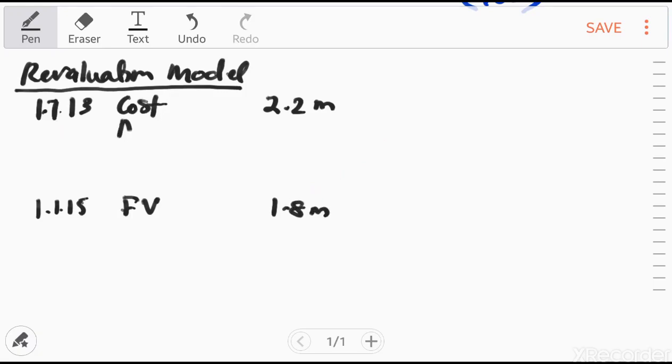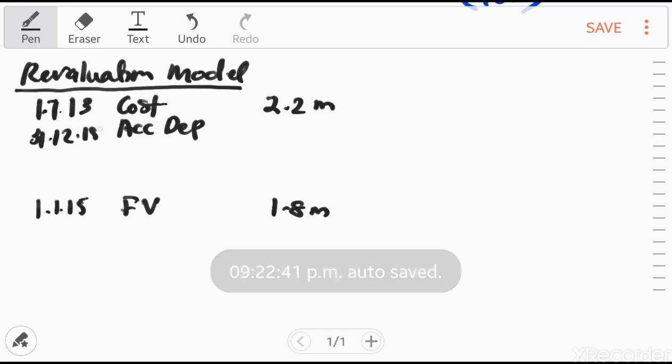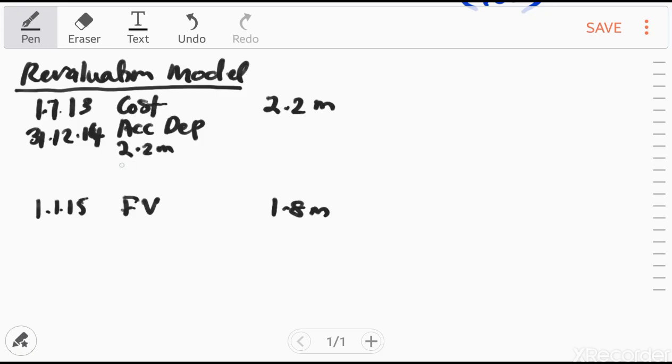So we need to find the accumulated depreciation as on 31st of December 14, meaning right before the revaluation date. So you're going to take 2.2 million. The estimated useful life was 20 years. So if you look in the question, 20 years.